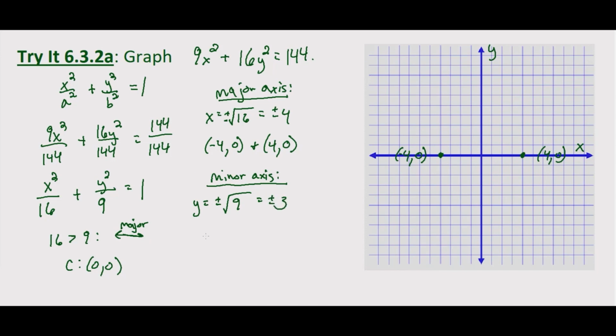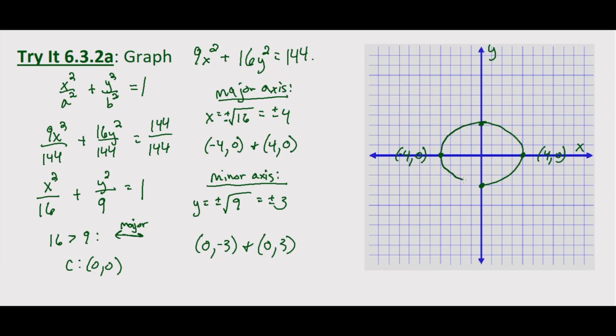So our minor axis vertices are going to be at 0, negative 3 and 0, 3. So we plot those as well. And then similar to when we were graphing circles, connect the dots in each quadrant to get our ellipse.